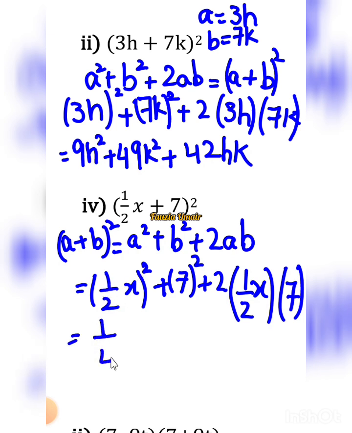So (1/2) square is basically 1 by 4, x square plus 7 square is 49. So now if you look closely, this 2, 1x and 7 is in the numerator. This is the only 2 in the denominator, and there is a multiplication sign, so you can cancel this out. I can cancel this 2 with this 2. So the leftover is 7 ones are 7, and there is an x variable also with power 1. So this is your final answer.